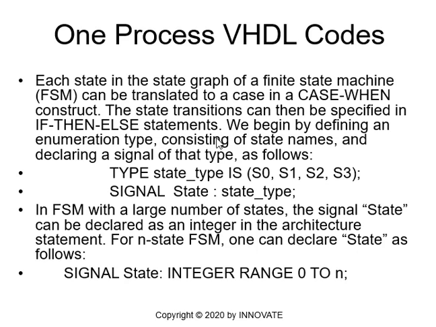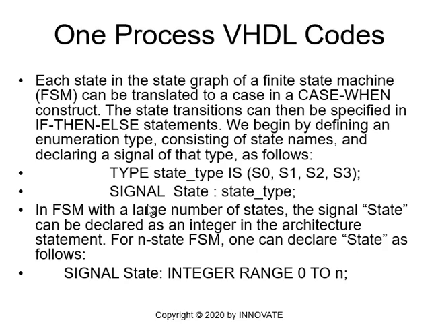We begin by defining the enumeration type consisting of state names and declaring a signal of that type as follows. We say state type is S0, S1, S2, S3. For the state signal of type state type, we declare the signal state to be used within the program.